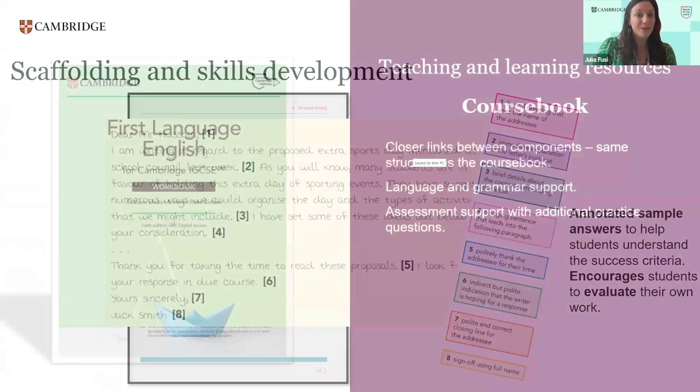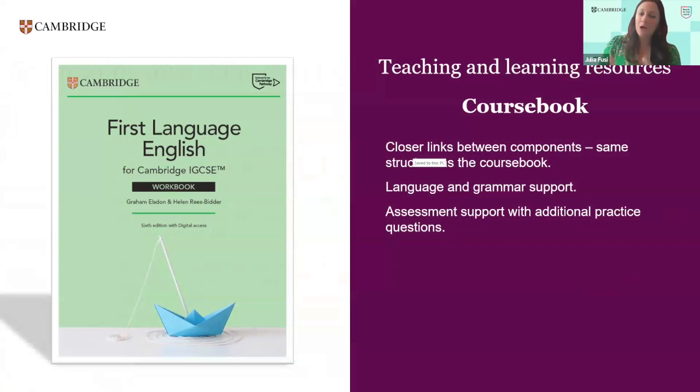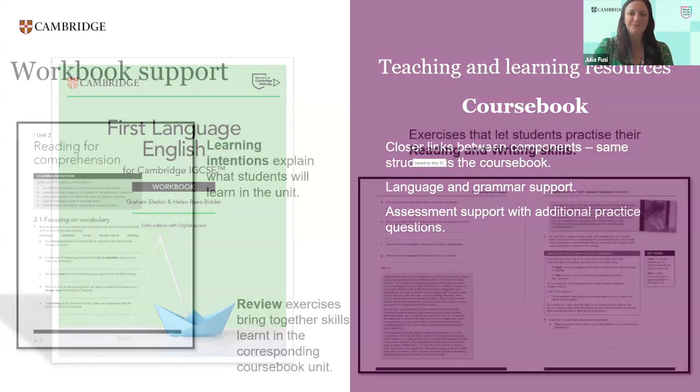So now I'm going to talk to you about the workbook. And the workbook follows the same structure as the coursebook, so this allows for consolidation of skill development. It contains additional language and grammar support, as well as further opportunities for students to answer additional practice questions. So let's take a quick look inside.